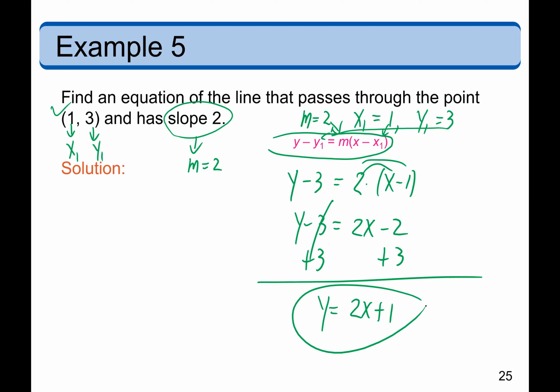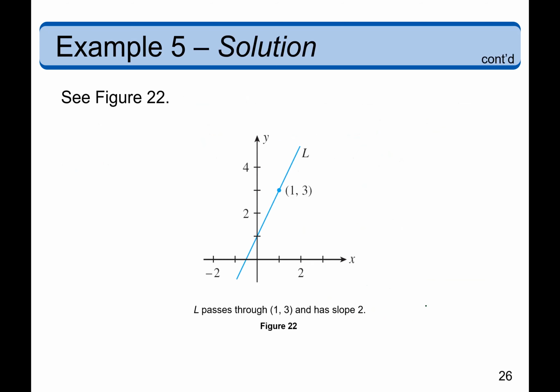And as you can see, since the slope is positive, it's an increasing line, so you just draw it. We start with the ordered pair 1, 3. If you want to use the slope, slope equals 2, so 2 over 1, meaning we go up 2 units and to the right 1 unit.